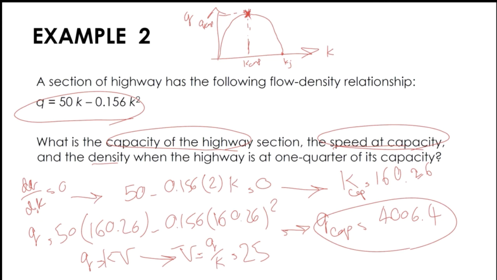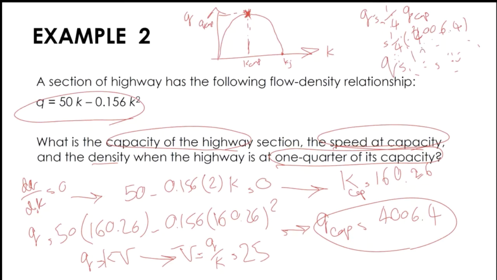So I have the speed, and the question at the end is asking to find out the density when the highway is at 1/4 of its capacity. So Q is equal to 1/4 of Q cap. So it would be 1/4 of 4,006.4. So if I calculate that, Q equals 1,001.6.